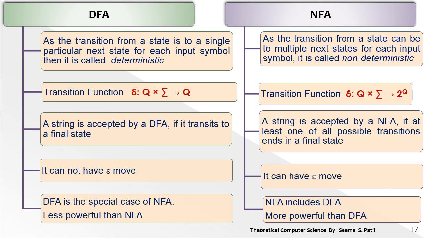Suppose from state A, there is exactly one path to state B. Okay, this is a final state. This is for the DFA. There is exactly one path for the single input A.